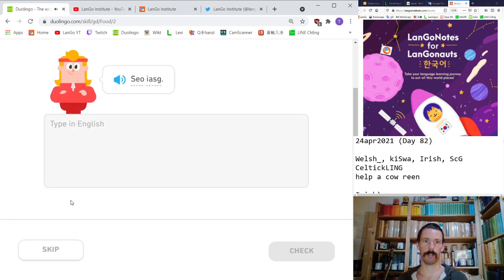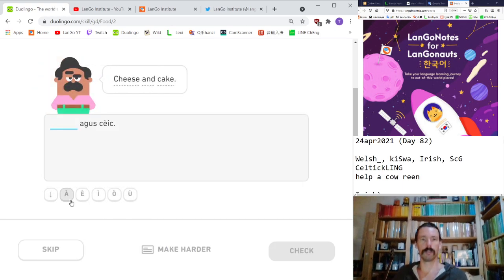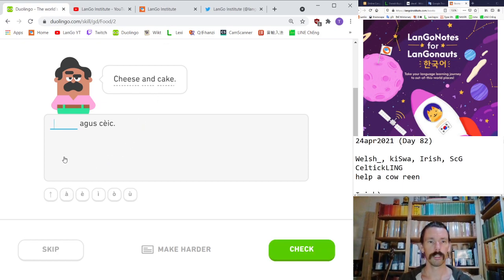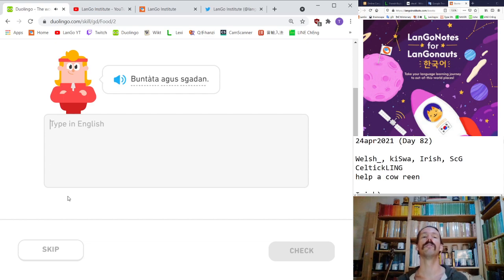Is toil liom cáis. Seo iasc. This is a fish. Cheese and cake. Cáca is cake. Prátaí agus scadán.